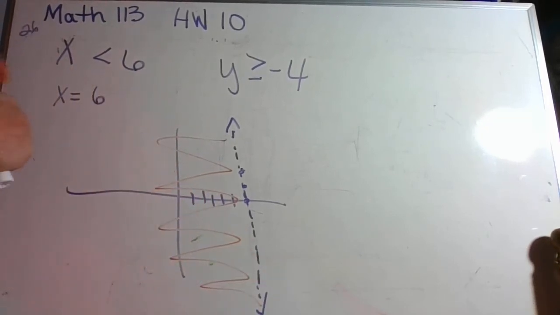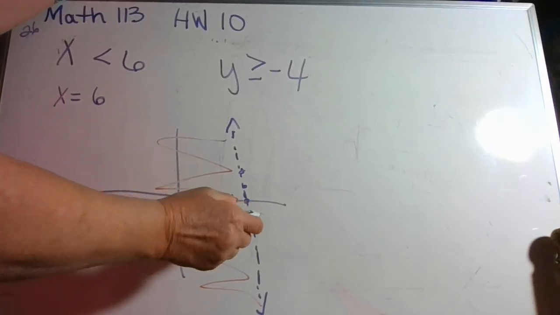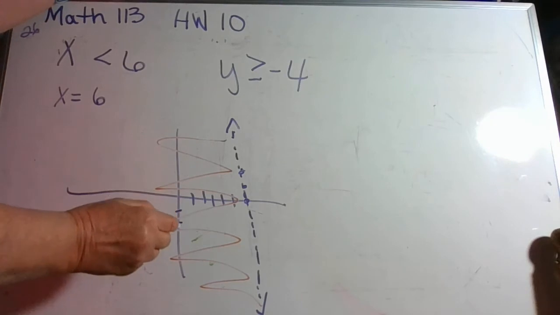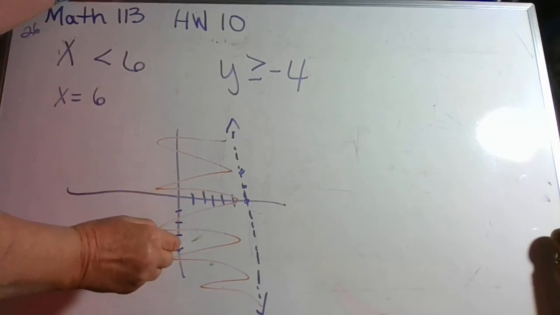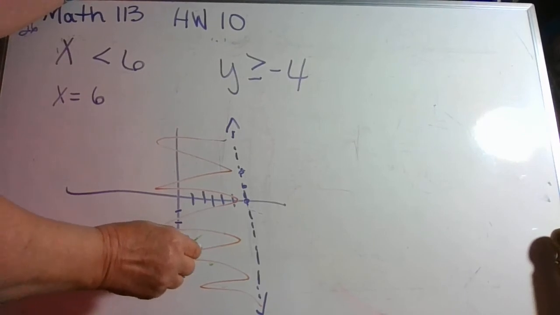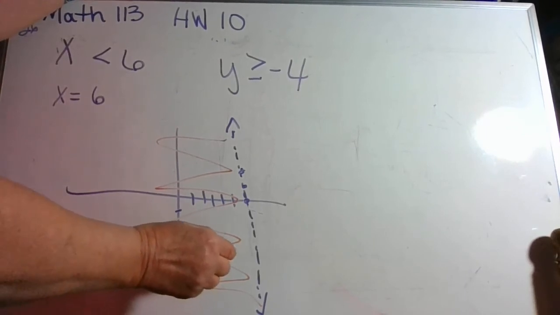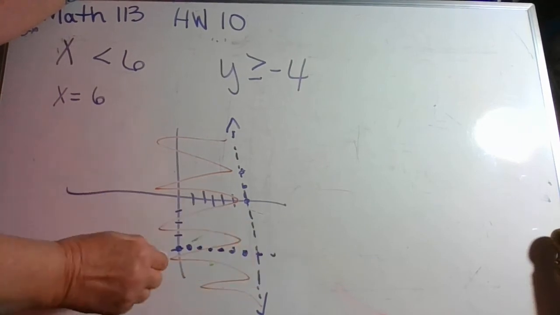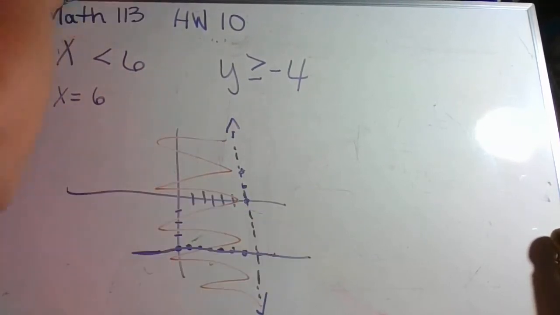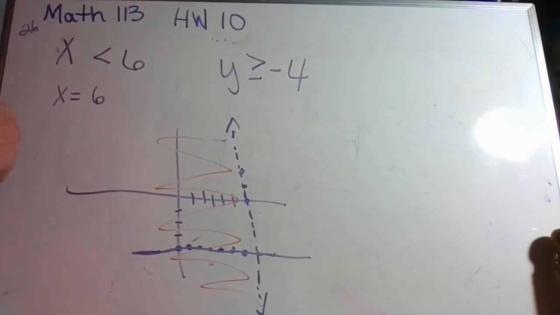And then we have y is greater than negative 4. One, 2, 3, 4. There's my negative 4. And this one is going to be a horizontal line, and it's a solid line.